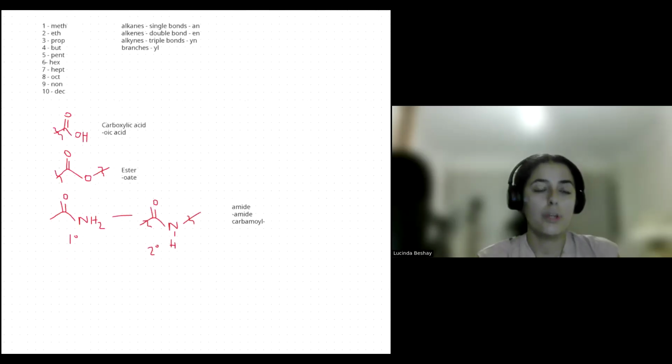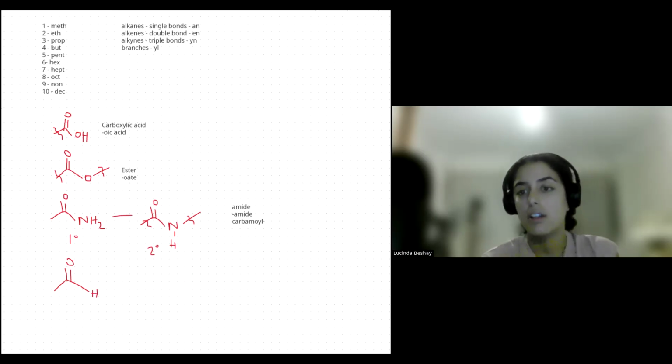Now, we have other functional groups that only have one oxygen, and the rest is either hydrogens and carbons. So over here we've got the aldehyde. The difference between a carboxylic acid and an aldehyde is that it doesn't have that second oxygen. So anytime I'm looking at a big molecule, how do I know the difference?